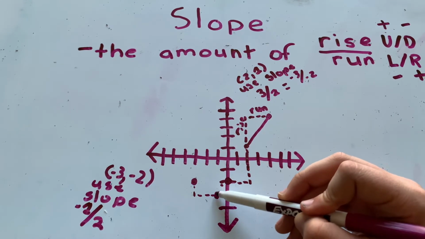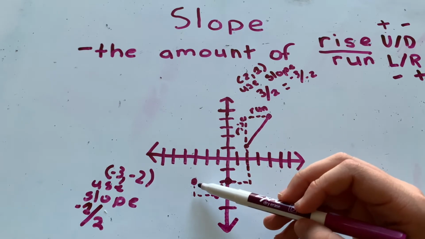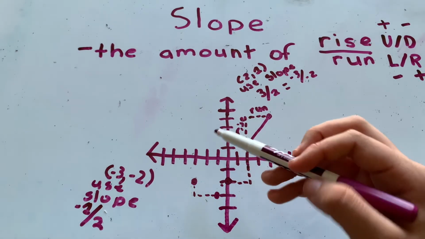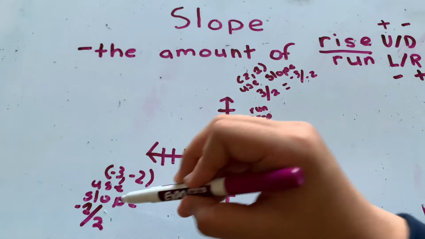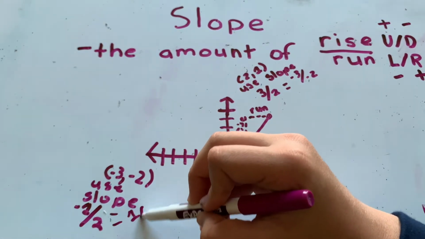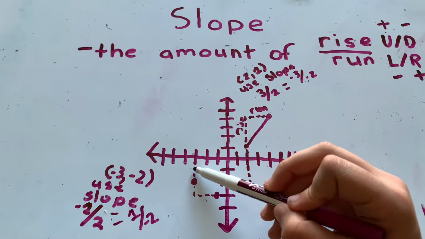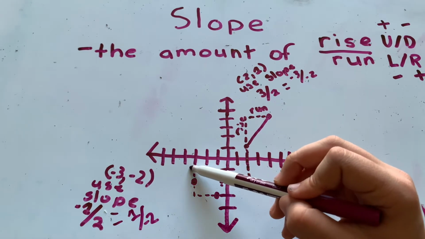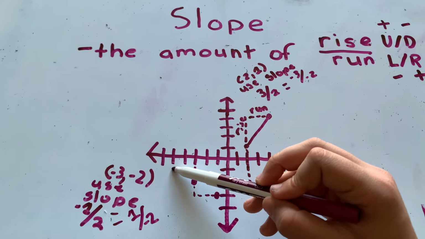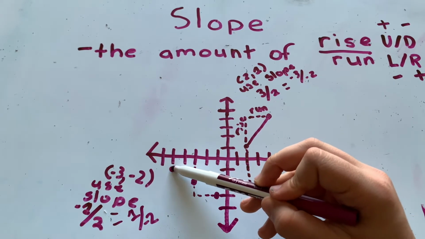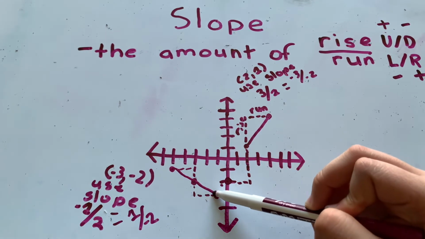And we'll plot, and since it's a linear equation, we can go the opposite way for the slope. So let's go with 1 over -2, and that will give us up 1, and then left 2. And we can plot, and it should make a straight line.